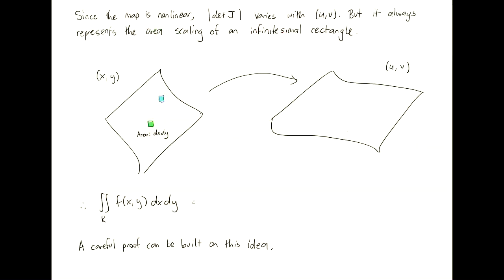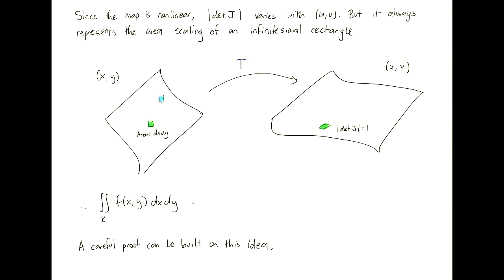Since the map is nonlinear, the absolute value of the determinant of J depends on u and v. So the transformation of this rectangle is not necessarily the same as the transformation of this rectangle. If I transform them via my gross nonlinear transformation, T, I might get that my green rectangle changes its angle a little bit, but maybe it doesn't change its volume, and here I get that the determinant of J is equal to 1.